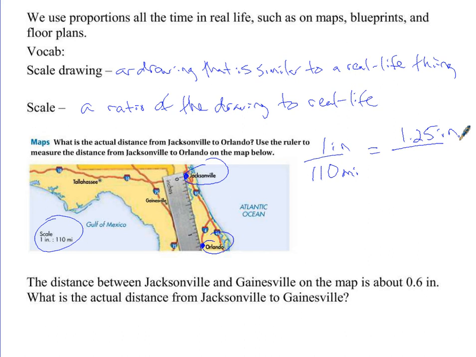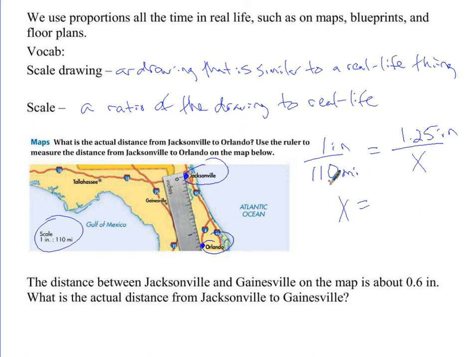And what will go here? X. How far is it in miles in real life? Okay? So now we simply cross multiply. We have x times 1, which is just x. That's nice. We don't have any math to do after that. And then we have 1.25 times 110. Just multiply that out and we'll have our answer.